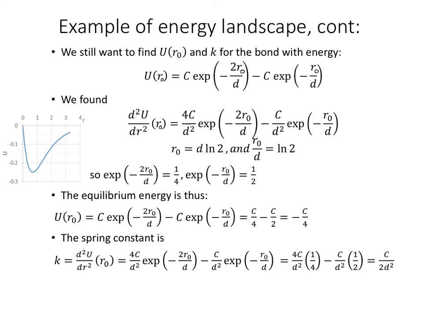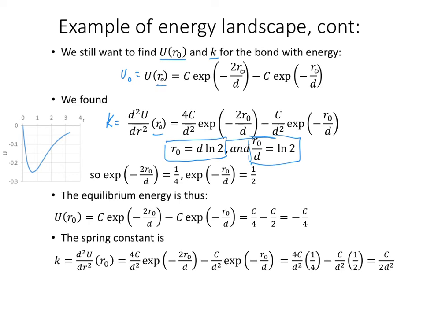Continuing this example, we found the equilibrium bond length, but we still need to find the equilibrium bond energy and the spring constant. The equilibrium bond energy is equal to the energy function calculated at R naught, which is this expression here copied over from the previous values, and the spring constant is the second derivative evaluated at R naught. Keeping in mind that we calculated this value for R naught, and because R naught always shows up in a ratio with D, it may be more useful to remember it in this form.